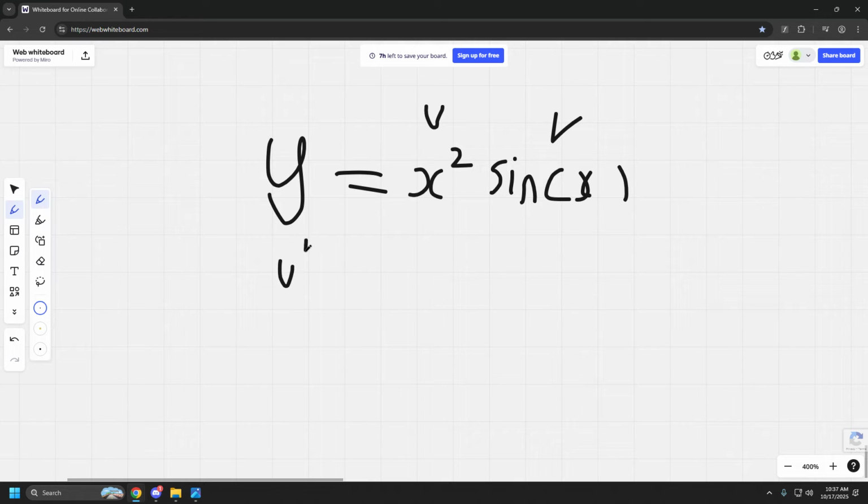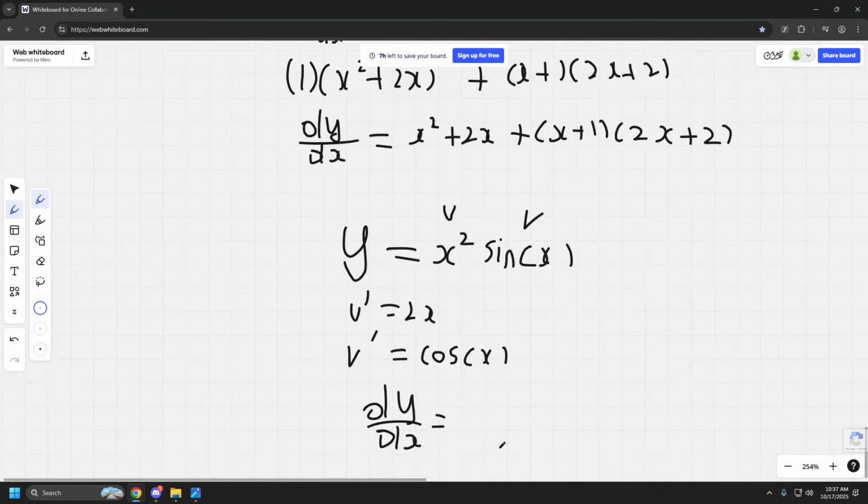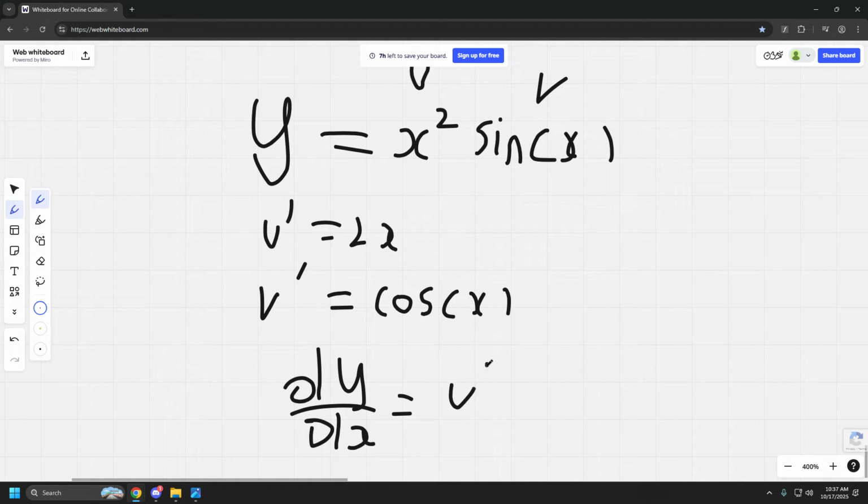That means u prime is equal to 2x and v prime is equal to cos x. That means dy/dx is simply u prime v plus v prime u.